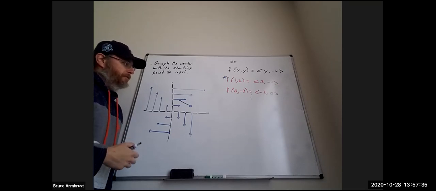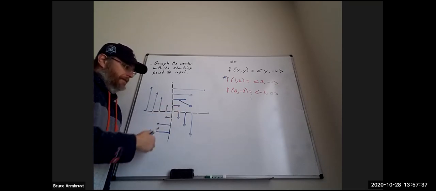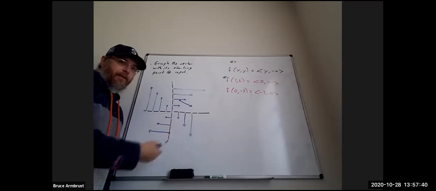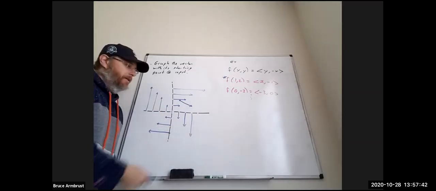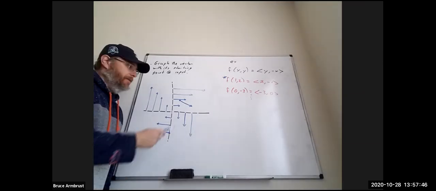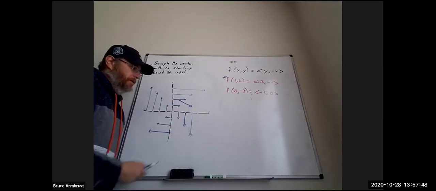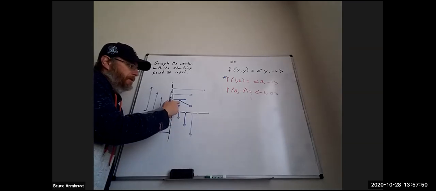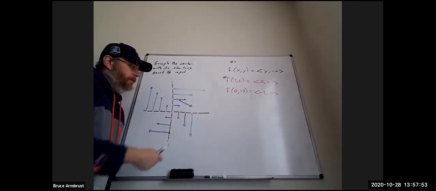So already, if you just look at the axes, we can get a good feel for what's going on with those vectors. The further away you get from the origin, the longer the vectors are, but it definitely appears that they're always pointing in those directions.